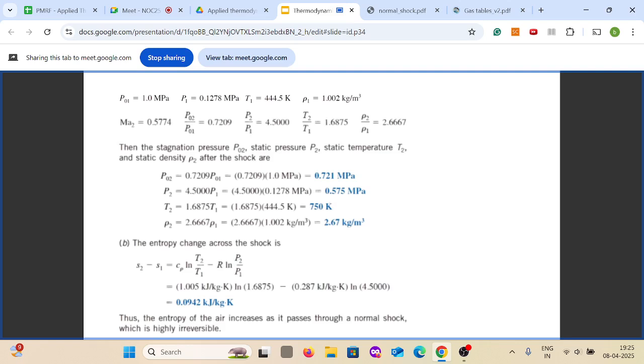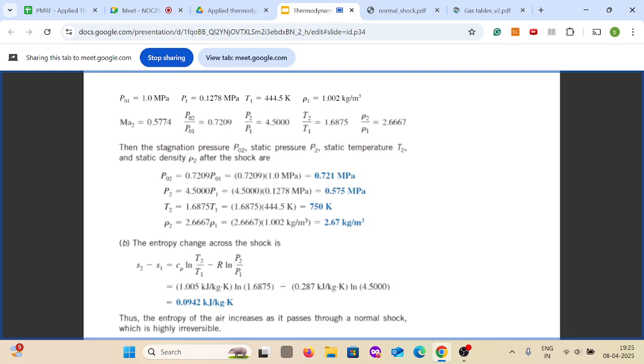Then T2 is 1.6875 T1, so 1.6875 into 444.5 which gives you 750 Kelvin. Then rho 2 is 2.6667 rho 1, so 2.6667 into 1.002 kg per meter cube gives you 2.67 kg per meter cube.